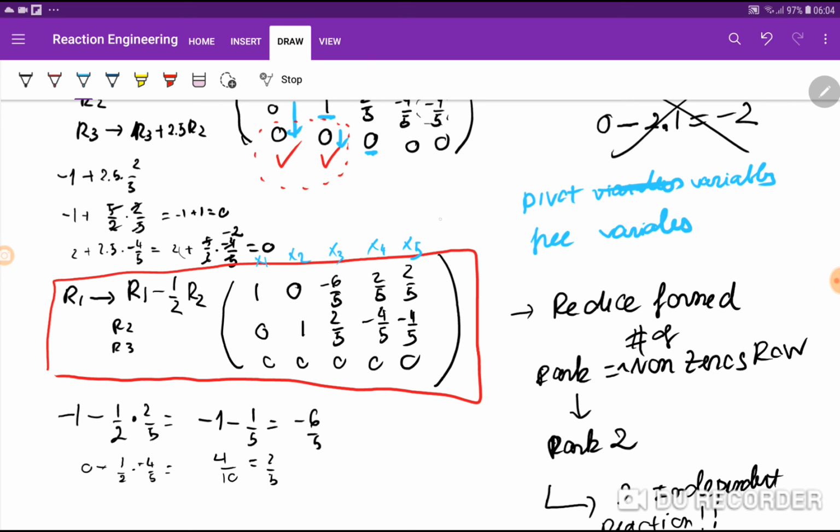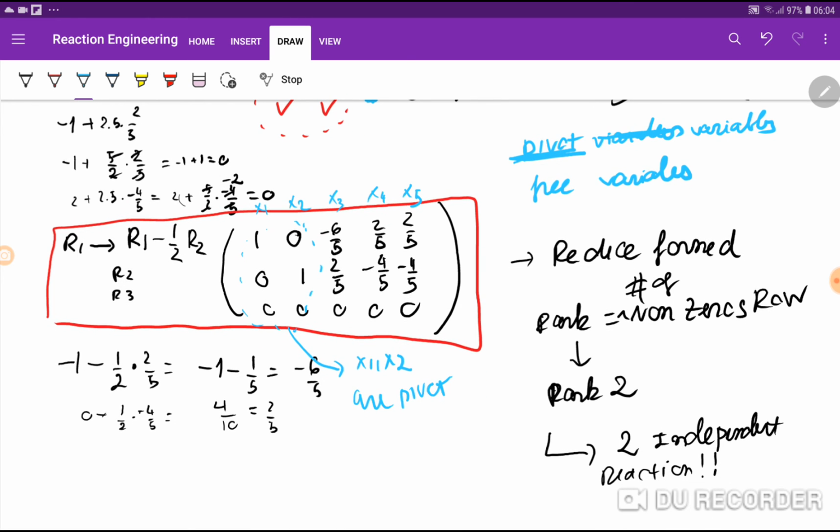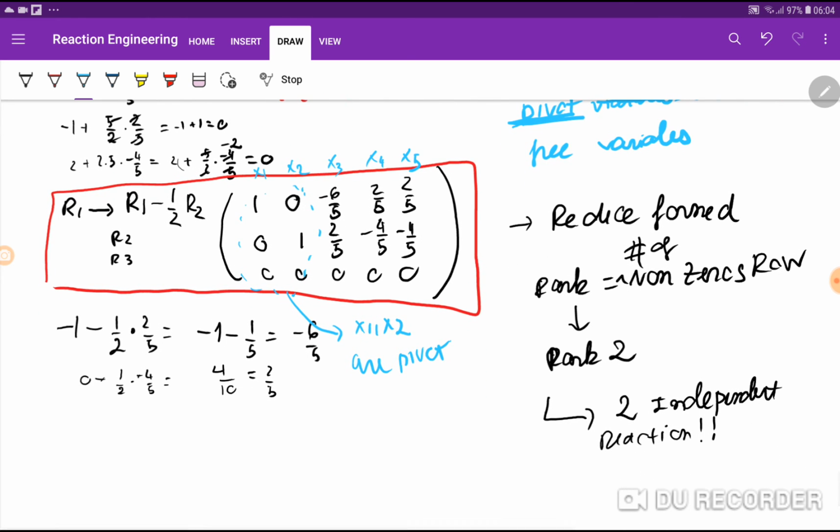No. The one with 1, 0 and 1 is pivot. So this one right here is pivot. So x1, x2 are pivot, and x3, x4, x5 are free. So what it means is you can be like, okay, x3, x4, x5 are free.